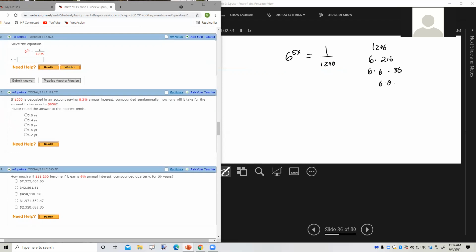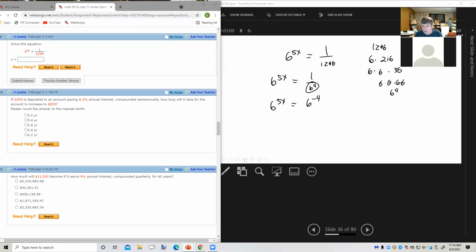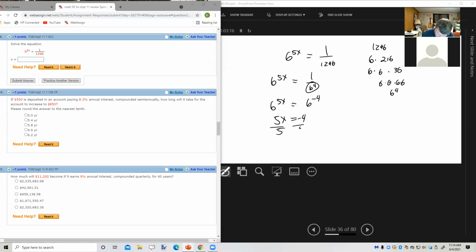So 6 times 6 times 6 times 6, 6 to the 4th power. So we've got that, which we can then write as that, taking the positive exponent and moving it upstairs, making it negative. We don't typically do that, but here's a case where we do. So 5x equals negative 4, x equals negative 4/5.